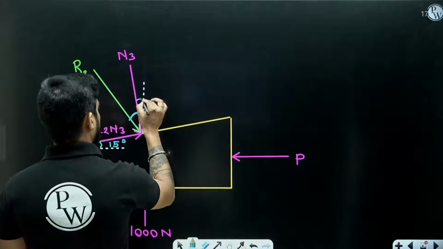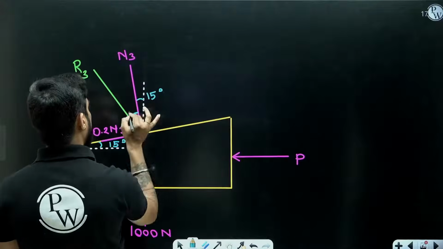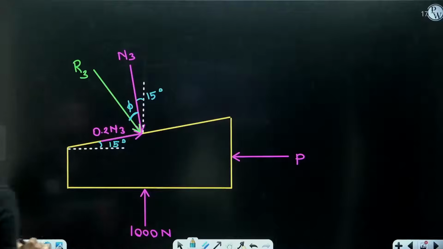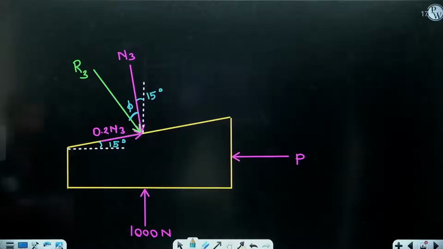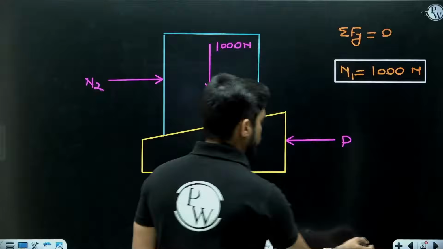See, this angle is 15, the angle of vertical and N3, and this angle is phi. Okay, so what is phi? Phi is the friction angle, tan inverse of 0.2.